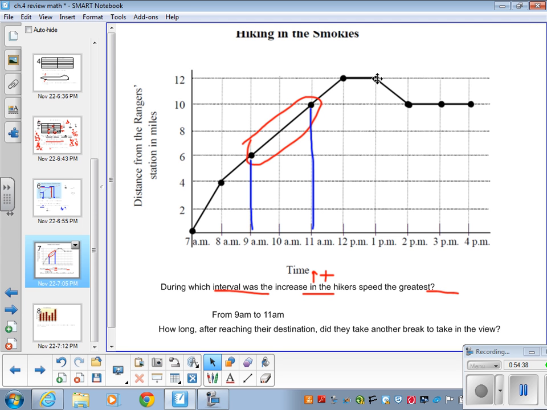So starting up here, after they reached their destination, because your destination is reaching the top of the mountain, did they take another break? We know that when 2 dots are on the same line, it's a break. Here we go. How long after? It was 1 hour from they hiked down the mountain 1 to 2 p.m. and took another break.